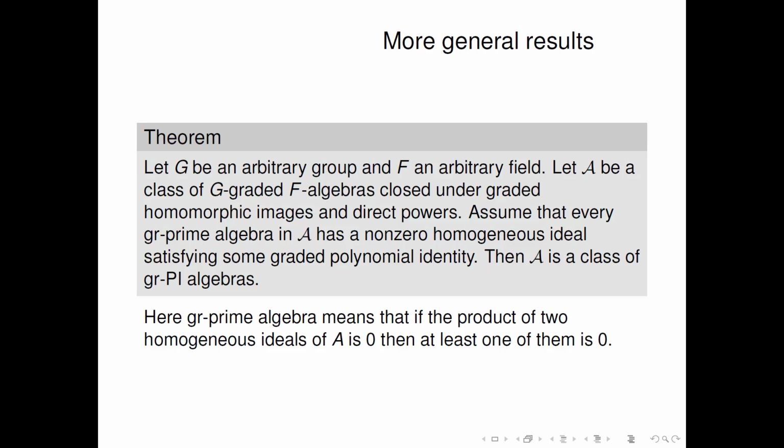Then the whole class A consists of graded PI algebras, that is, graded algebras that satisfy a graded identity. Graded prime means that if you take two homogeneous ideals in A whose product is zero, at least one of them is zero. Usual definition, but adapted to the graded case.